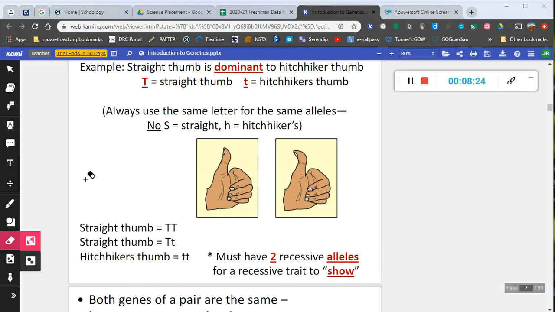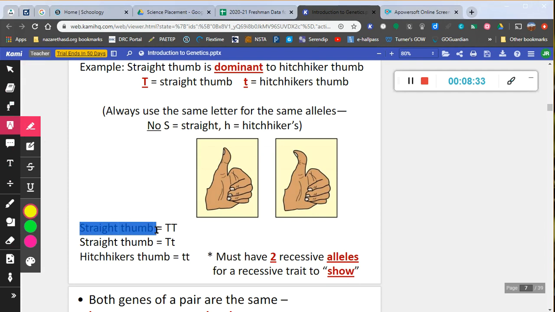So here, if you have a straight thumb, there are two possible allele combinations that you inherited from a parent. You may have gotten a dominant allele from both parents, or you may have received a dominant allele from one parent and a recessive allele from another.